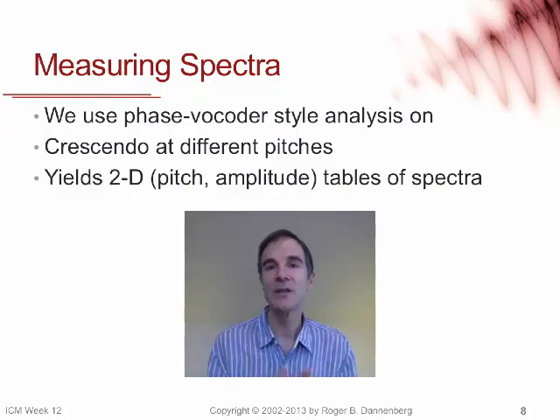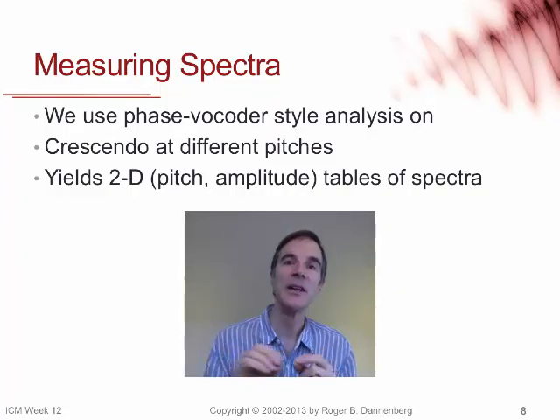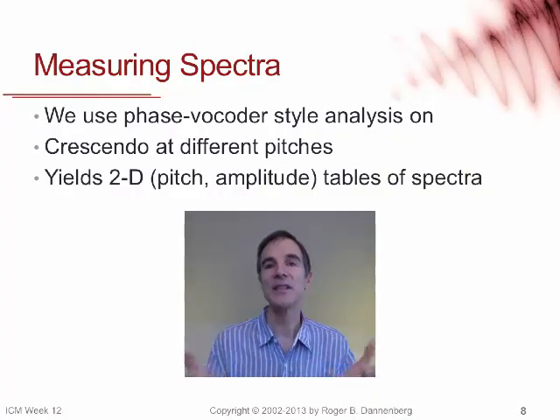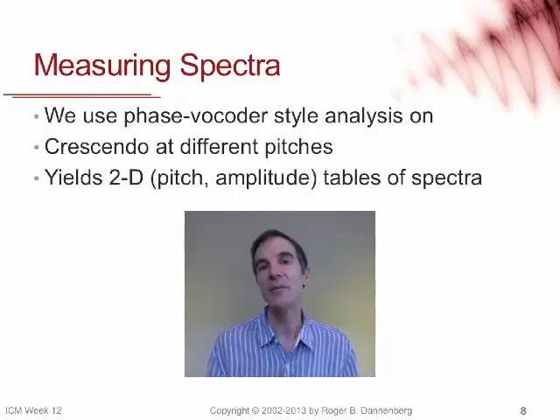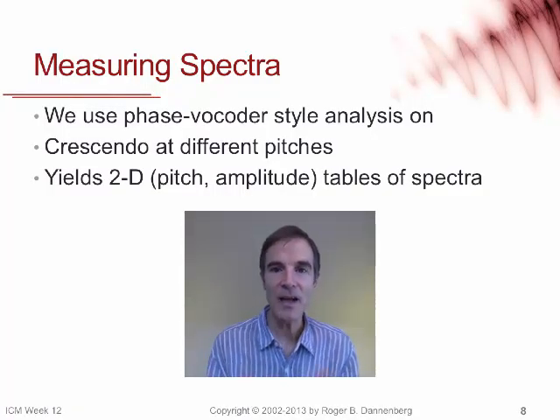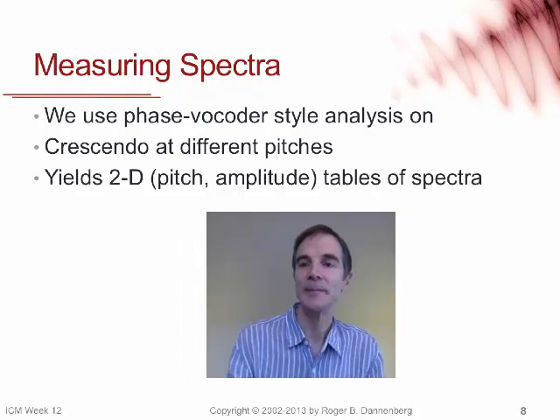And what I did was I played trumpet starting very soft, getting louder and louder on each pitch. And that gives us samples at every pitch and every loudness or dynamic level. And from that, we build this two-dimensional table or grid.